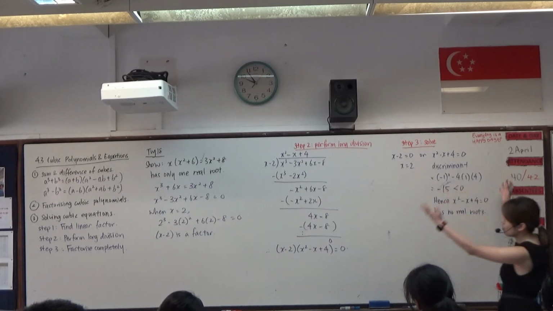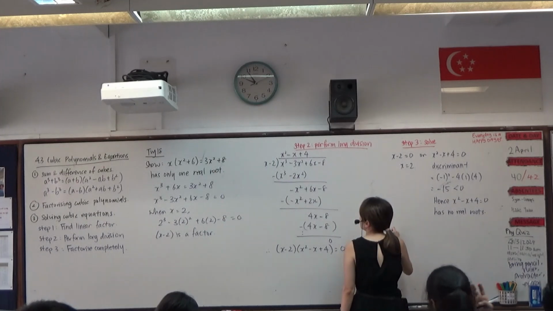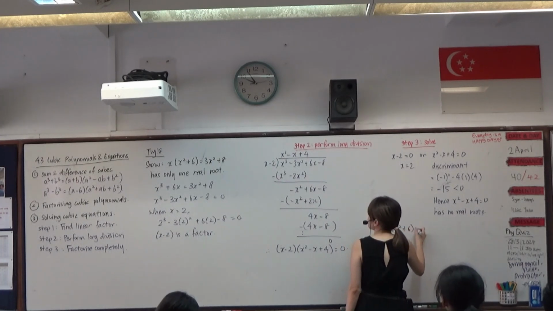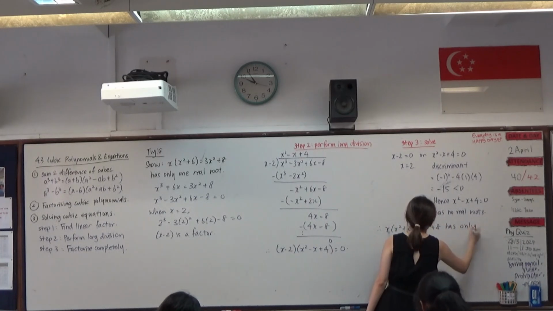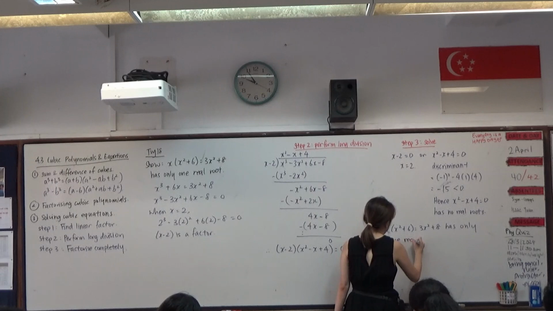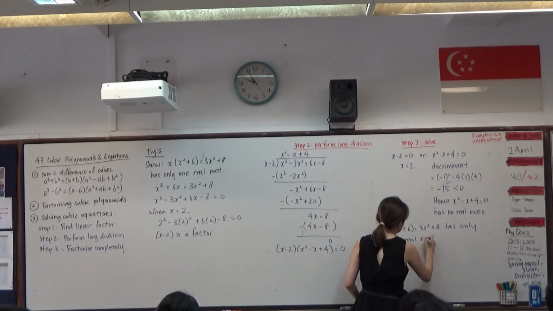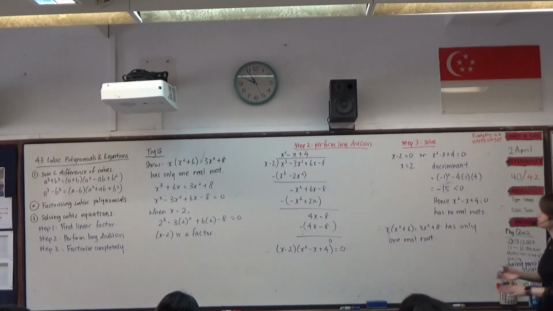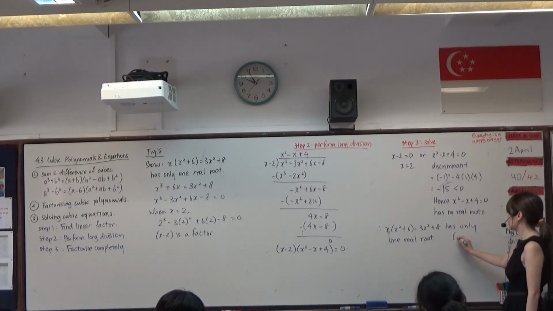Then overall, I can now conclude that therefore x times x squared plus 6 equals 3x squared plus 8. That's only one real root. Always remember to end off with a conclusion. And then show.